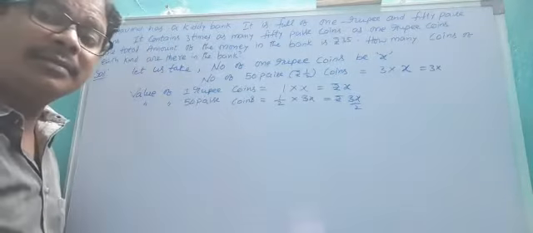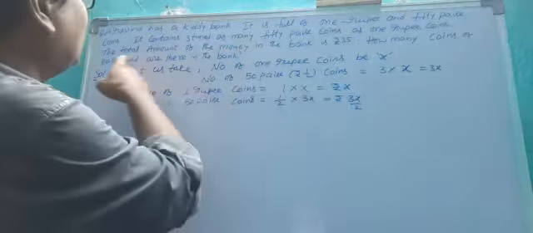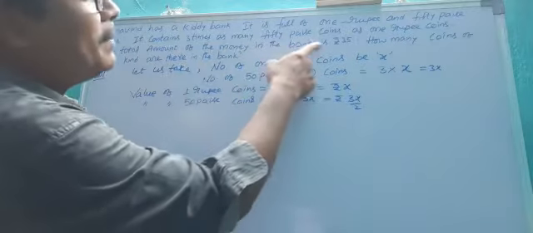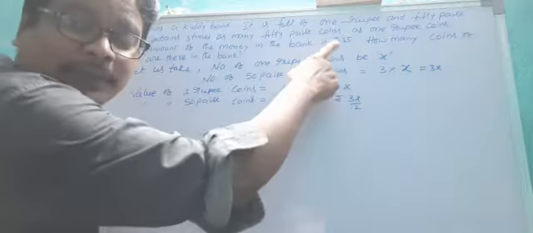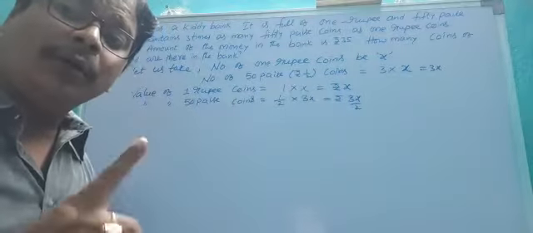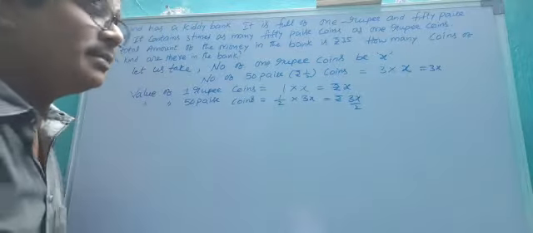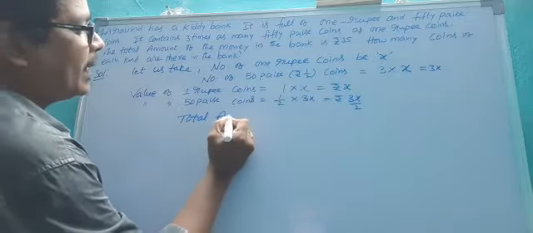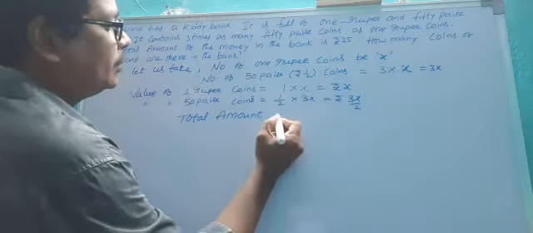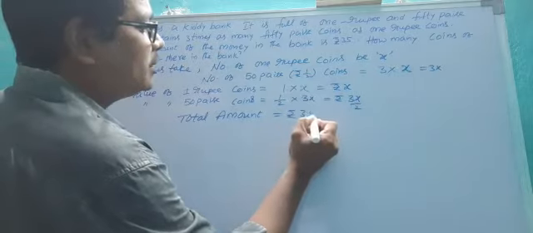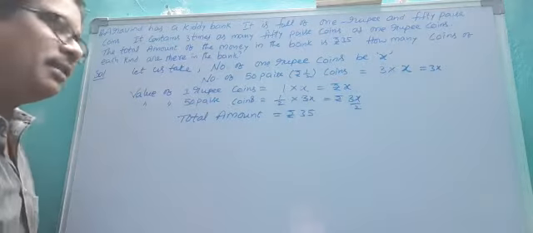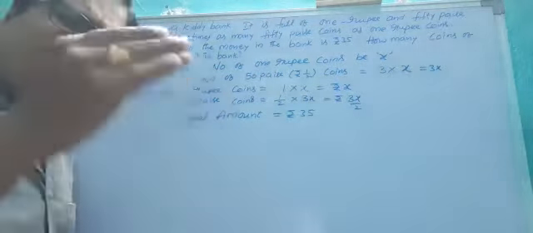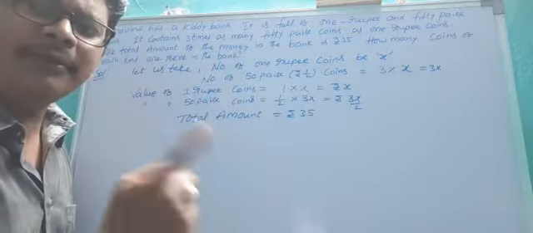Their sum equals how much? The total amount of money in the bank is 35 rupees, filled with 1 rupee and 50 paisa coins.